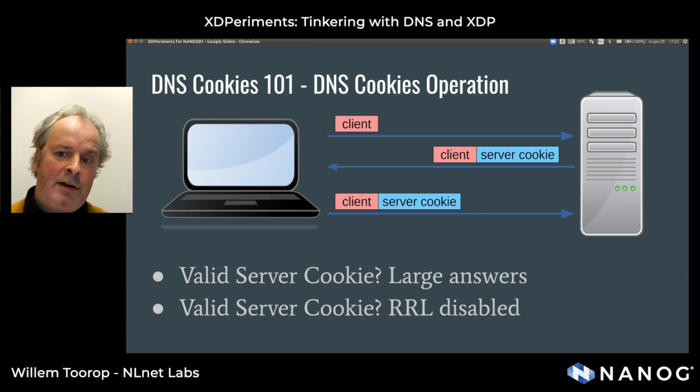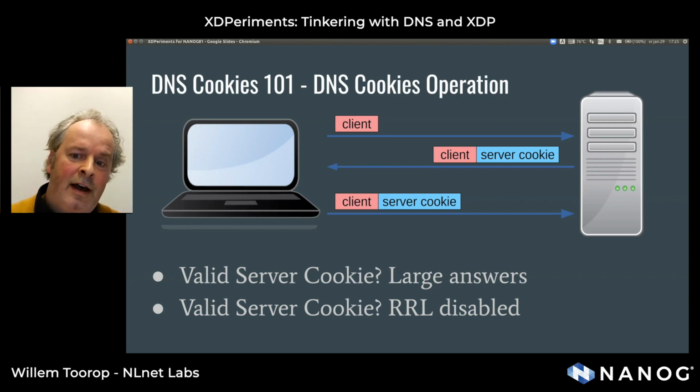The next time the client needs to contact the server, it brings along the learned server cookie, and in this way the server knows that the client IP at least is not spoofed. So it's a bit like a TCP handshake, but more lightweight because the server does not need to maintain client state. So if you have a valid server cookie, you are not subject to response rate limiting.